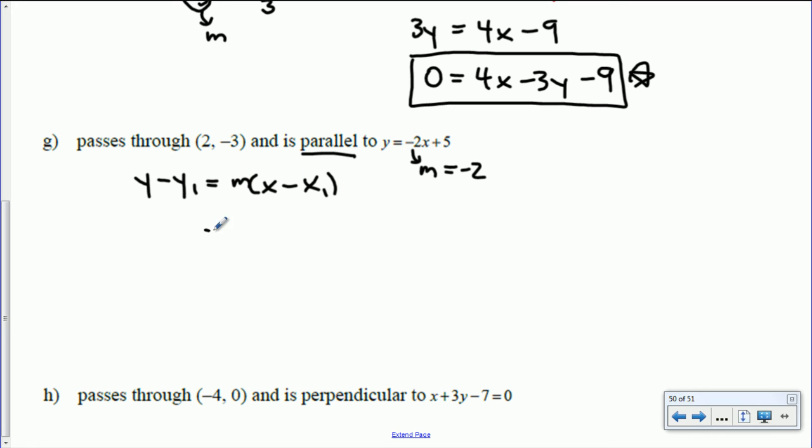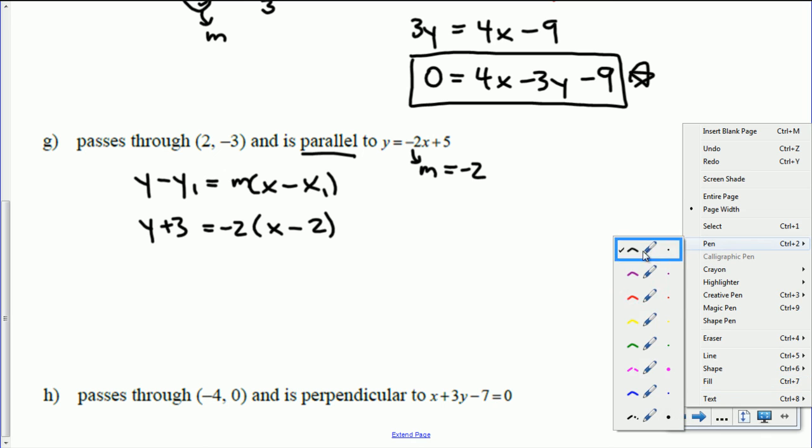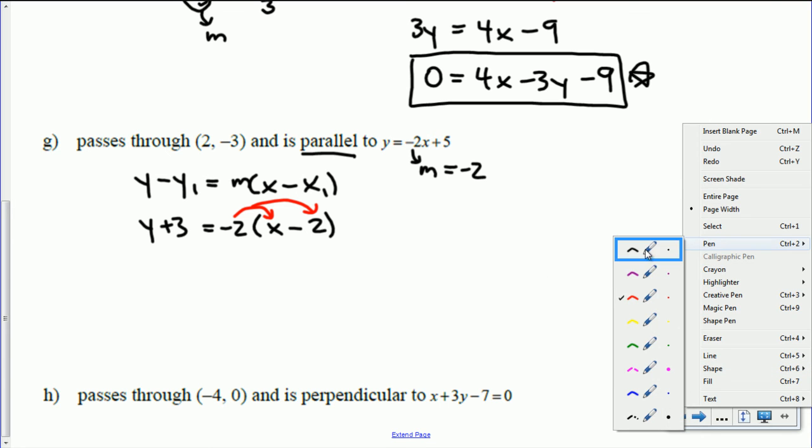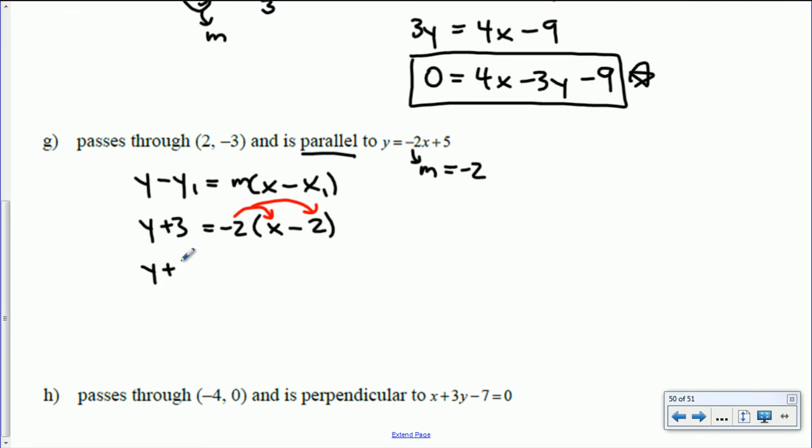So the slope is negative 2, x minus 2, and y subtract negative 3 will be y plus 3. I can now distribute this negative 2 into each of these terms, giving me y plus 3 equals negative 2x plus 4. Negative 2 times negative 2 is positive 4.